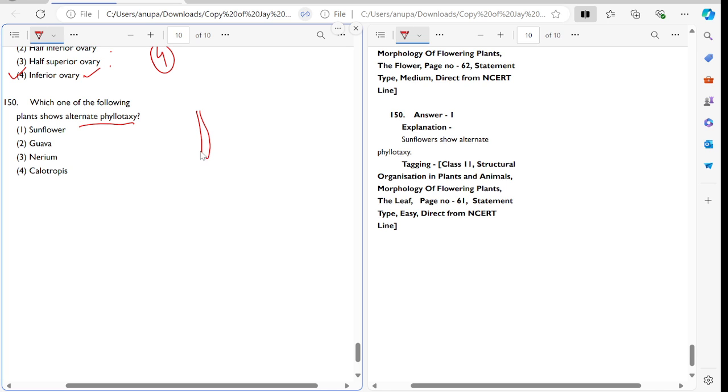Let's assume this is a plant, and when the leaves are arranged alternately, in this way, the leaves are arranged in alternate positions, such a type of phyllotaxy is called alternate phyllotaxy, and this type of phyllotaxy is mostly found in sunflower. Here the options are sunflower, guava, nerium, calotropis. So the answer for this question will be option number 1, sunflower.